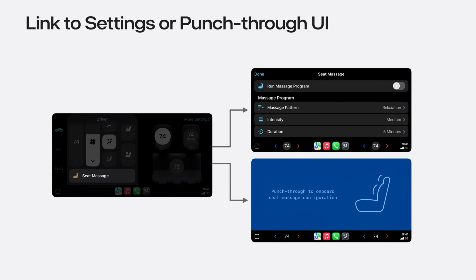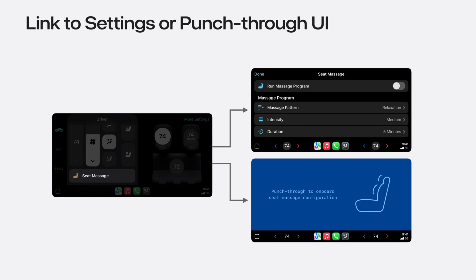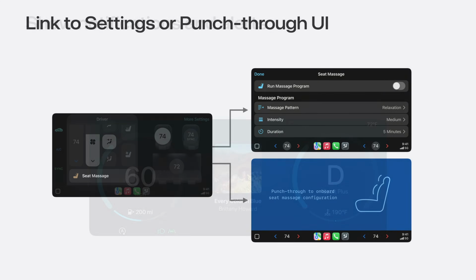Of course, these are just two examples. No matter where within the UI you add a custom setting, you can always choose what to show once the user selects it. Similarly, as with your Automaker app, you can now basically add entry points to your custom settings menus or built-in punch-through UI within the UI of the next generation of CarPlay.